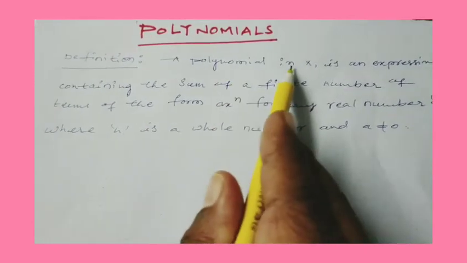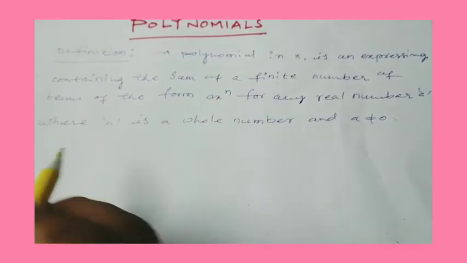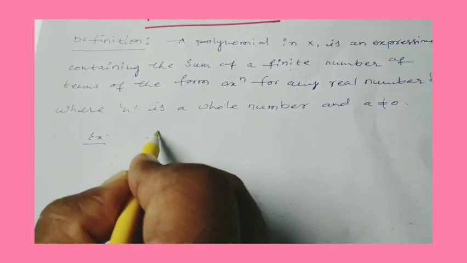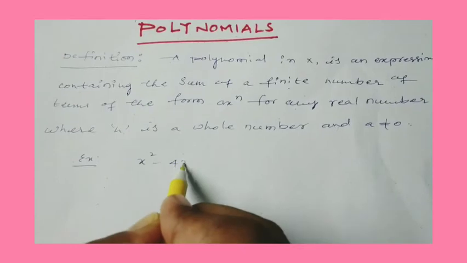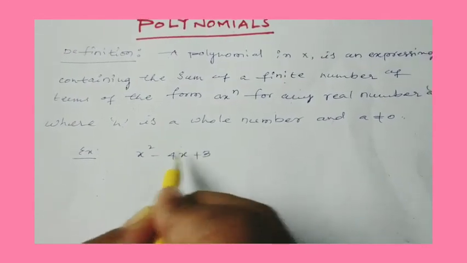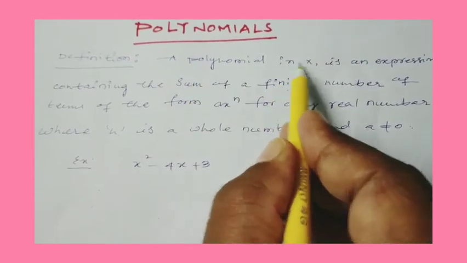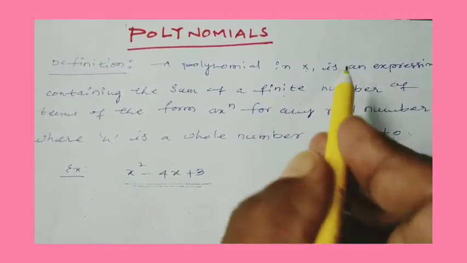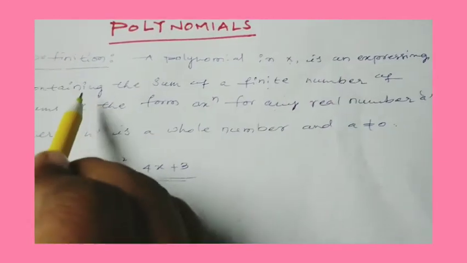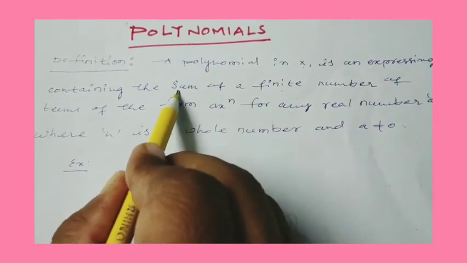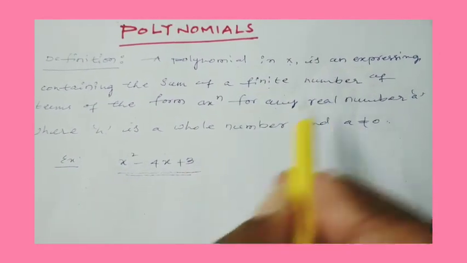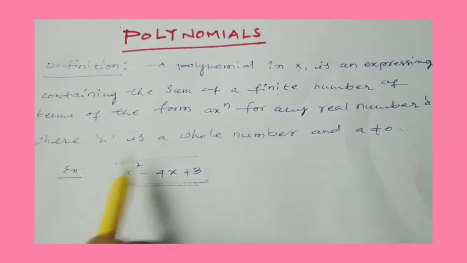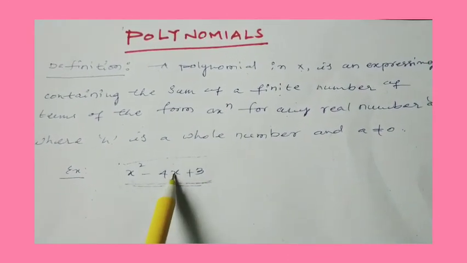A polynomial in x, for example, x square minus 4x plus 3. A polynomial in x, yes, it is in variable x, is an expression containing the sum of a finite number of terms. Yes, these are finite numbers only. We can count how many terms are there: 1, 2, 3.